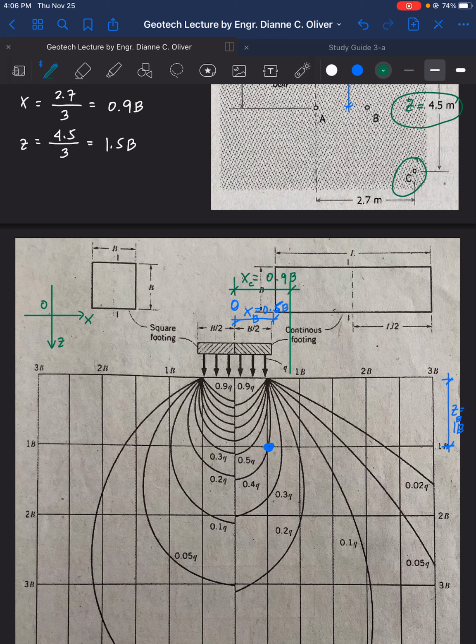Next, the depth is 1.5 B. So this is 1B, this is 2B, therefore 1.5 is in between them. So this is our Z. ZC is equal to 1.5 B. Therefore, our location now for point C is somewhere here.